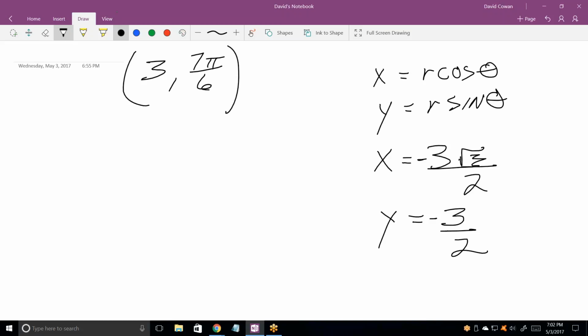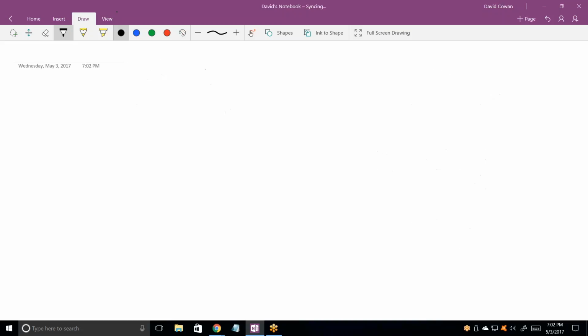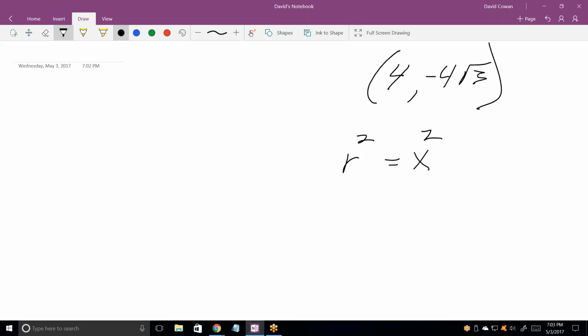Okay, what else you got? Well, find the polar coordinates of 4, comma, negative 4 root 3. So the first thing we solve for is theta, or we could solve for r. R squared is, in other words, there is a pretty important conversion factor that we have to use on these.